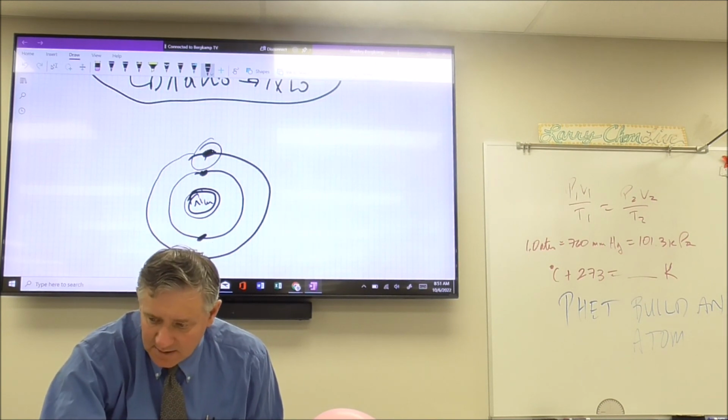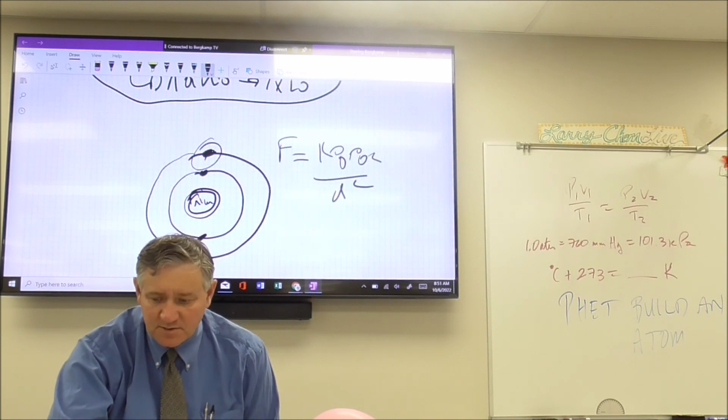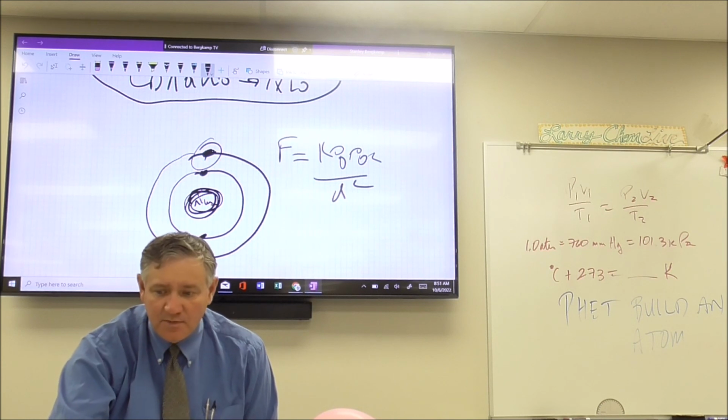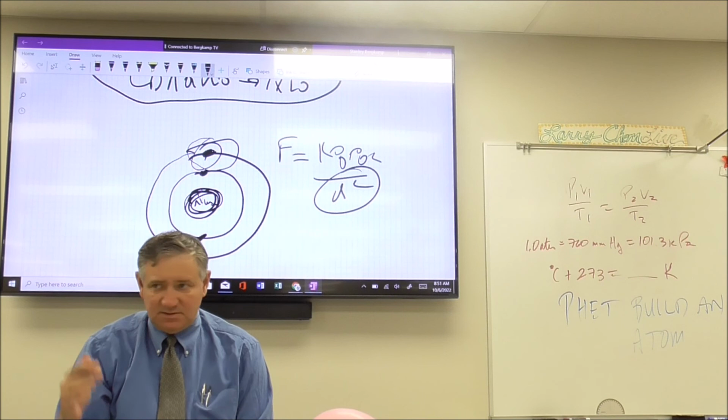So if you look at F equals k Q1 Q2 over distance squared, you've got 2 protons here that are pulling on that electron, and that's a certain distance away.